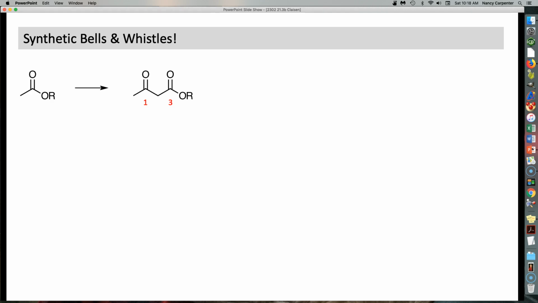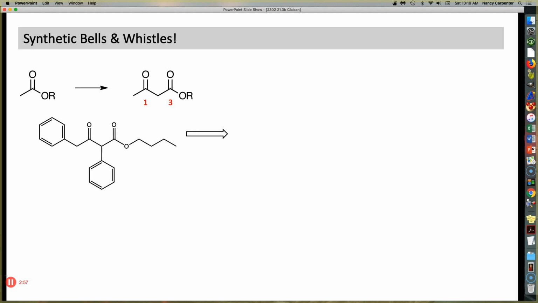Next, we have this bell and whistle, the 1,3 relationship between two carbonyls. That's telling us it's the Claisen. So when we have a molecule like this, say this is my target molecule, I spy that I have the telltale signs of a Claisen.